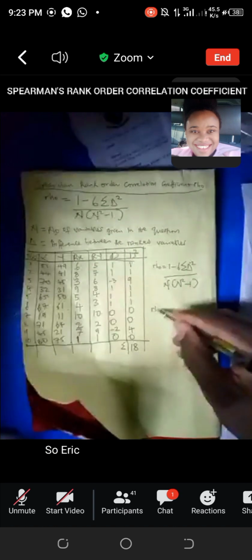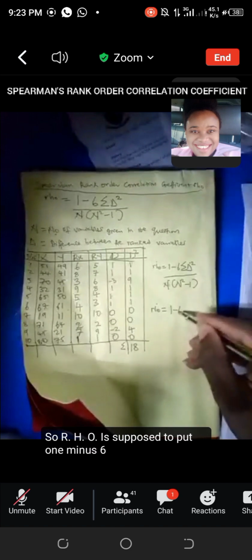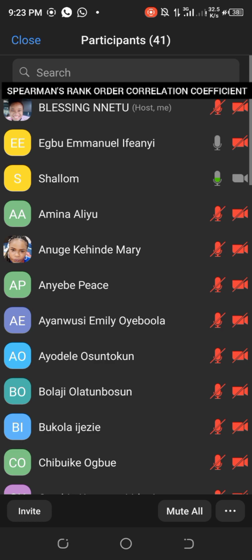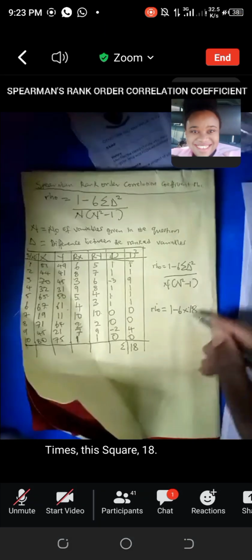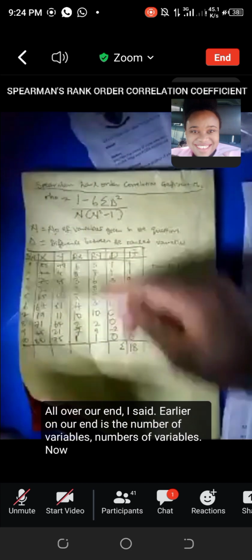So rho is equal to 1 minus 6 times d square, 18, all over our n. I said earlier on, our n is the number of variables. Our number of variables is 10.